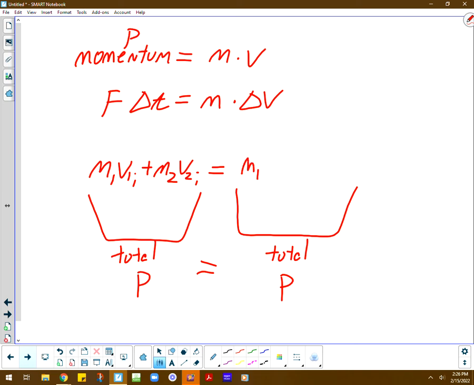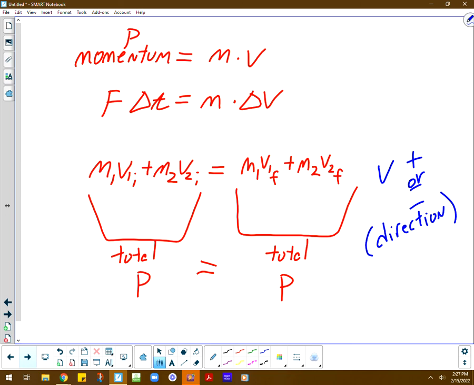So m1 times v1 final plus mass 2 times velocity 2 final. Don't forget, velocity is a vector quantity, so it can be either positive or negative depending on direction. Okay, that's going to be useful.